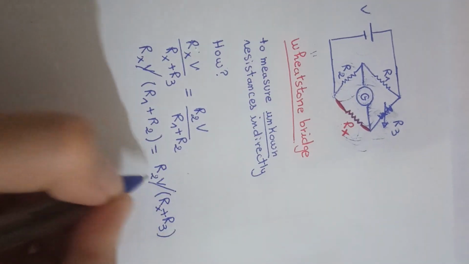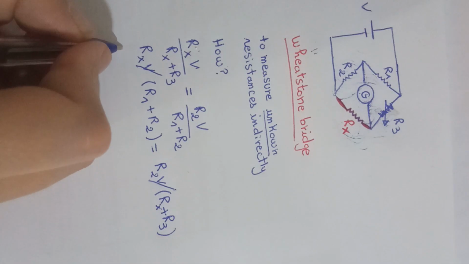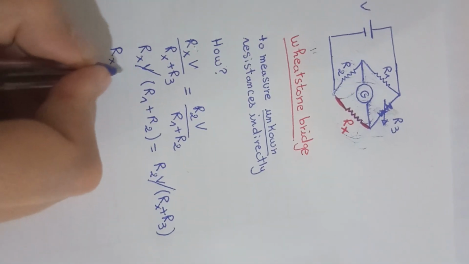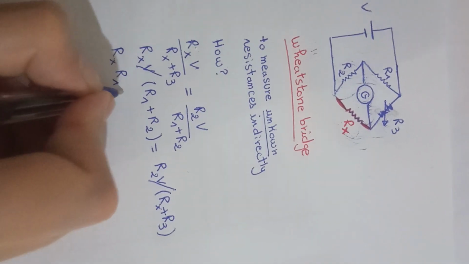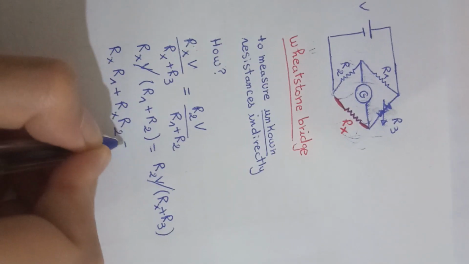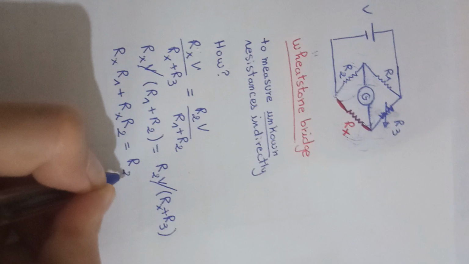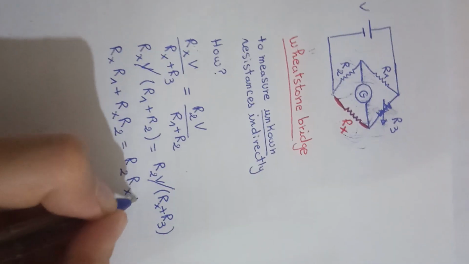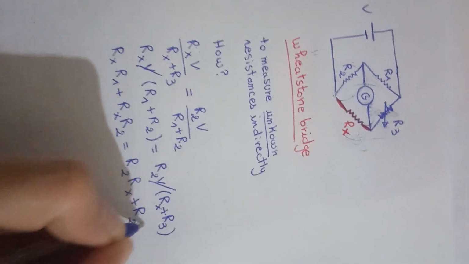V and V cancel out. So we have Rx R1 plus Rx R2 equals R2 Rx plus R2 R3.